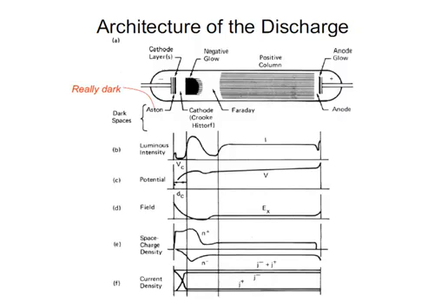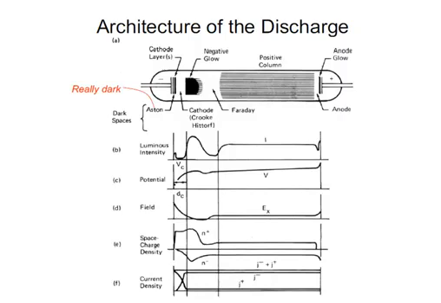The brightest luminous region is the negative glow, and the positive column is a uniform luminous region. But the positive column is not required for plasma or glow discharge. So in the previous chapter, I have already talked about this.